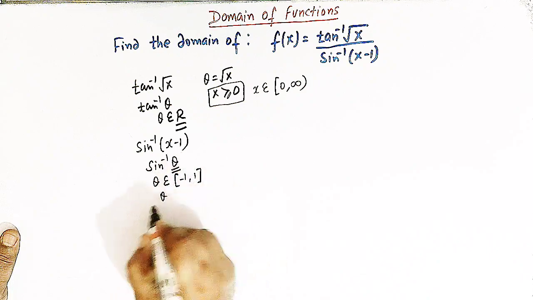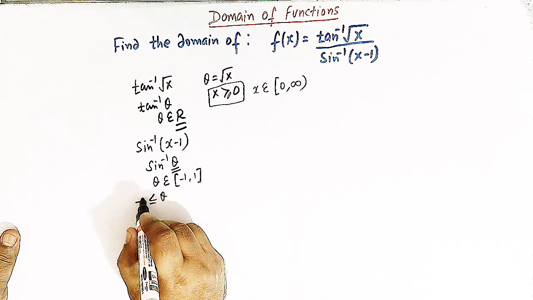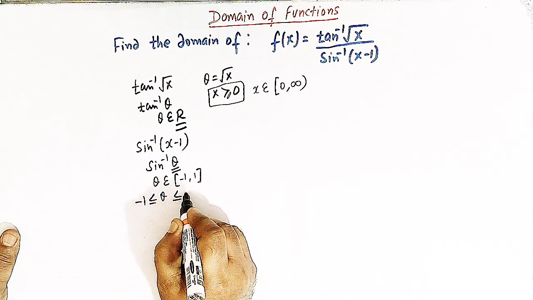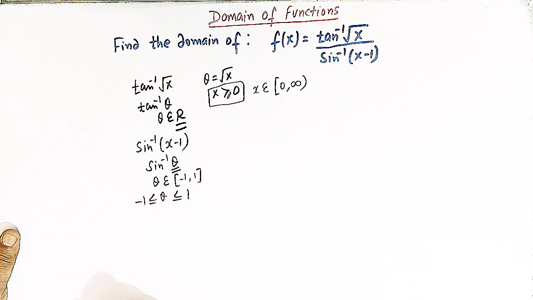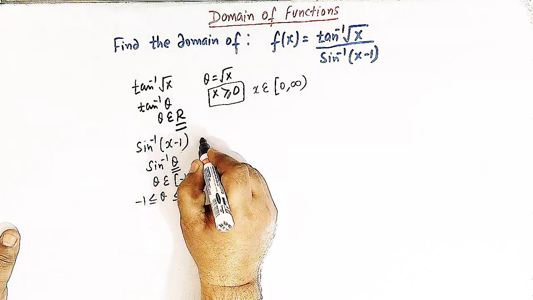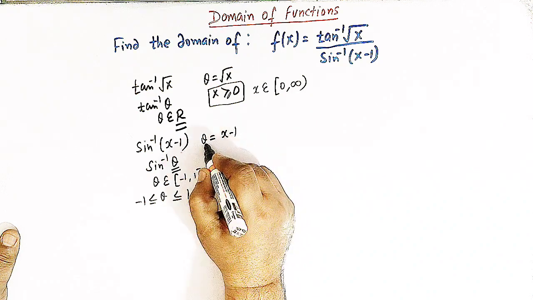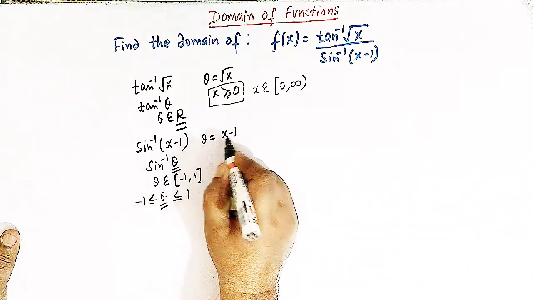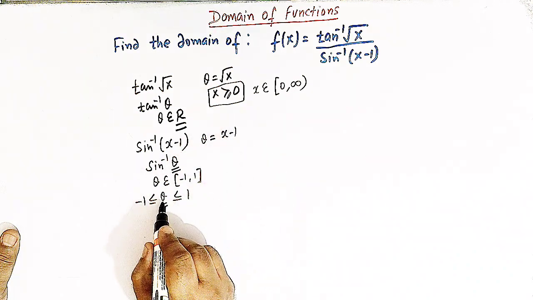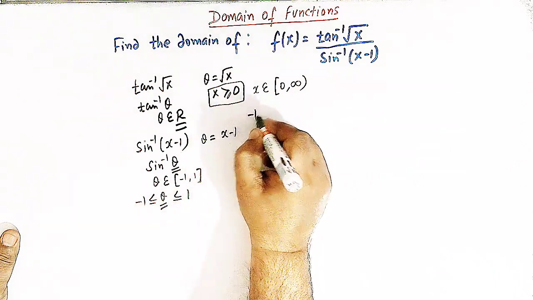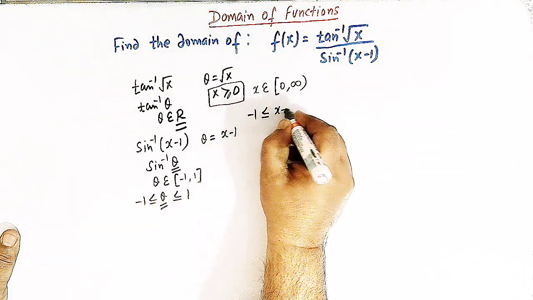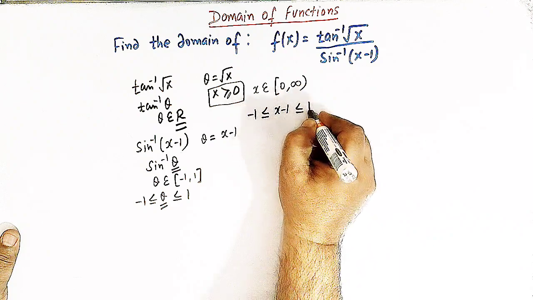That is, theta must be greater than or equal to minus 1, but it is less than or equal to 1. So here for theta we have x minus 1. So let us substitute theta is equal to x minus 1 in this inequality. So we have minus 1, here we have x minus 1, and here we have 1.